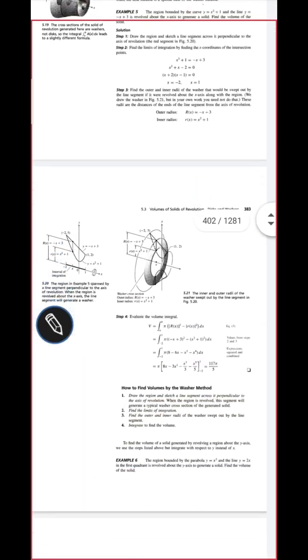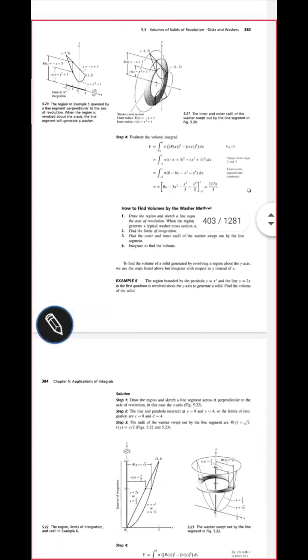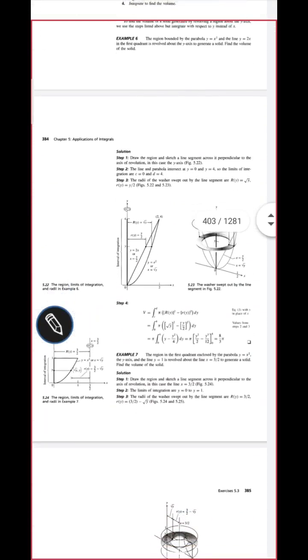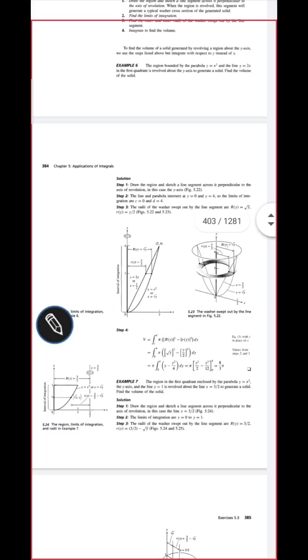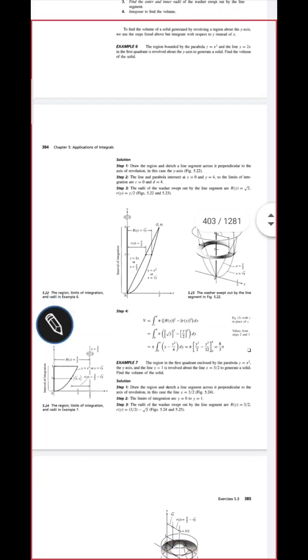Just go through the example, that is quite easy. Same thing here also. Here this is the curve, so if you revolve, the inner part will form a cone, which is quite visible to you, and the outer part will form a ball shape, or maybe you can say parabolic form, a paraboloid.